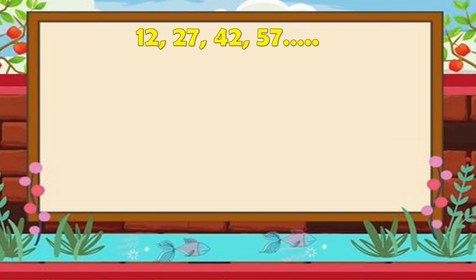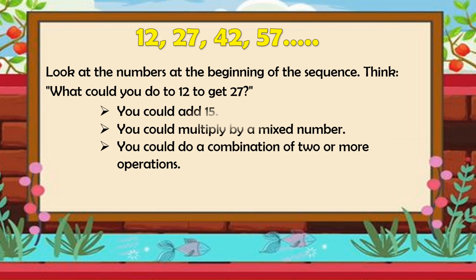So again, we have the following numbers: 12, 27, 42, 57. Look at the numbers at the beginning of the sequence. Think, what could you do to 12 to get 27? You could add 15, you could multiply by a mixed number, or you could do a combination of two or more operations.